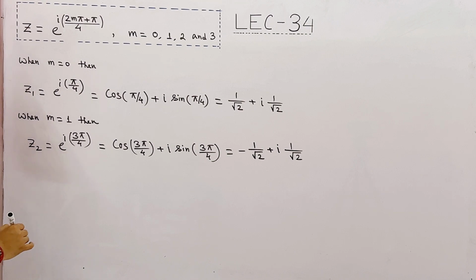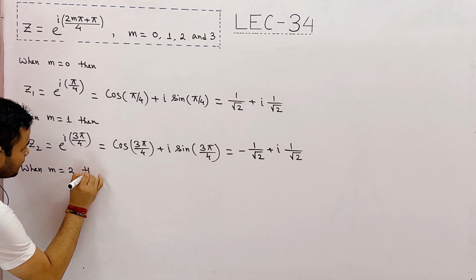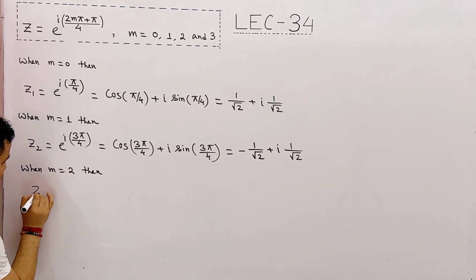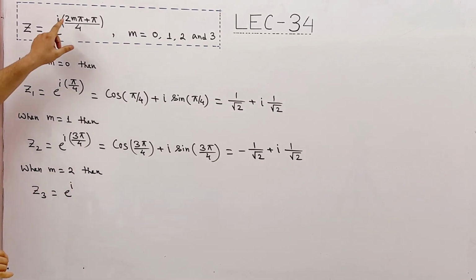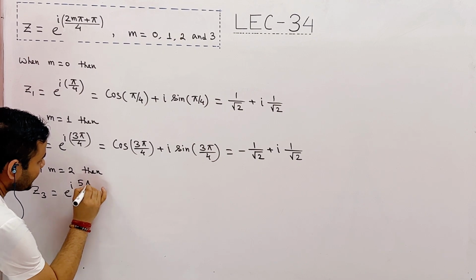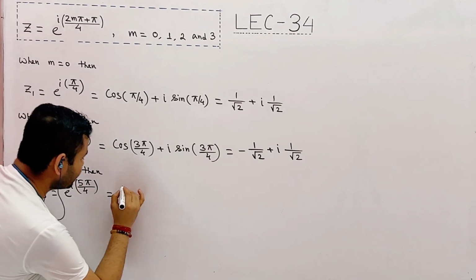Next, let us find out the third pole. When m equal to 2, then z3 is equal to e to the power iota (2 into 2 plus 1), 5 pi divided by 4. Next, apply de Moivre's theorem.